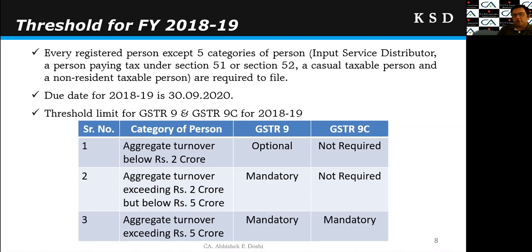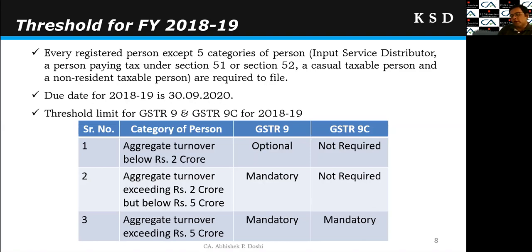First category is a person having aggregate turnover below rupees 2 crore. For them, GSTR 9 is optional. They can file or they may choose not to file, and GSTR 9C is not required in their case.